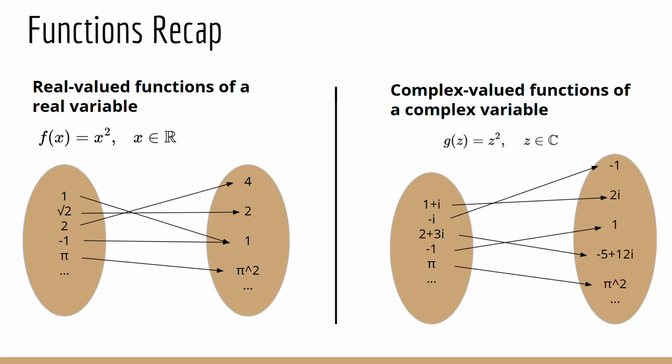So 1 plus i gets mapped to 2i. And 2 plus 3i squared is basically negative 5 plus 12i. So it's essentially the same idea, where you map your domain set to your range set.